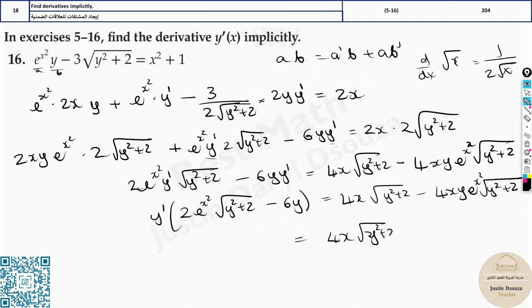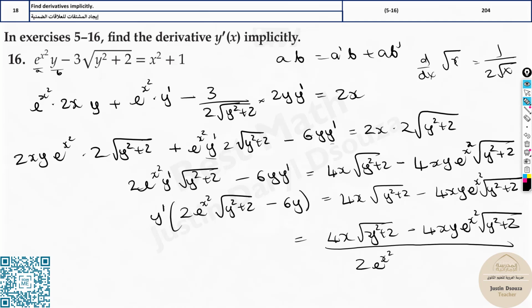It's y squared plus 2 minus 4xy e to the power x squared, y squared plus 2 divided by 2 e to the power x squared square root y squared plus 2 minus 6y. Is that okay? And that is y prime. Now what I was saying is from this step here, you can directly jump over here.